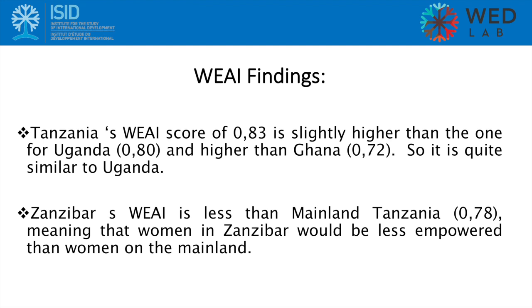If you remember, 1 meant full empowerment, 0 meant no empowerment. So you're in between, or closer to 1 if you want. So actually, what does that say? It looks that given that index and the various sub-index definitions, women are generally empowered, certainly compared to Ghana a little more, and quite similar to Uganda, right?